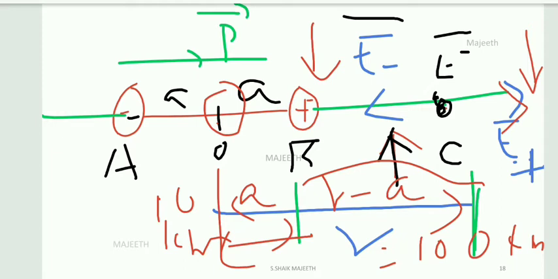You know, right? So R minus A. So the distance from the positive charge to C is R minus A.